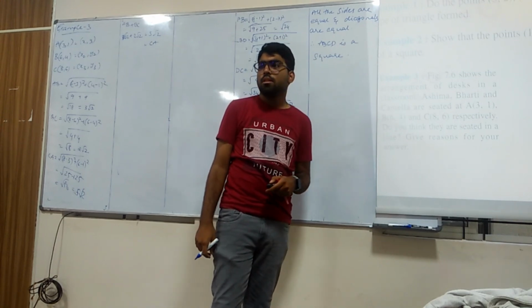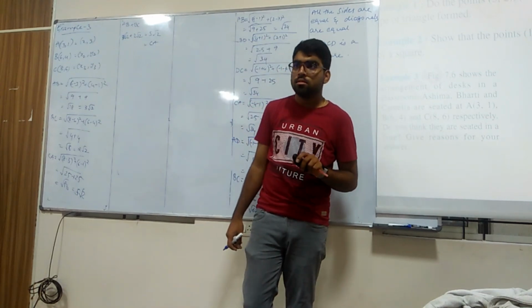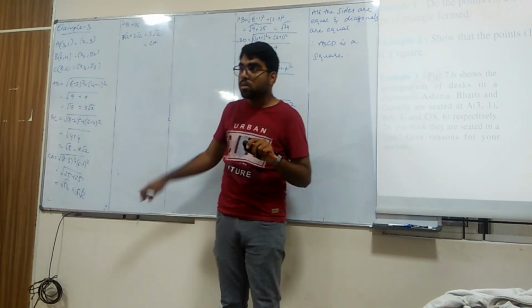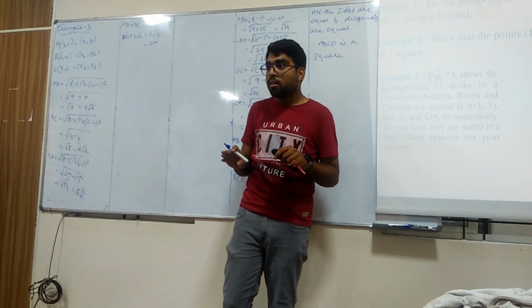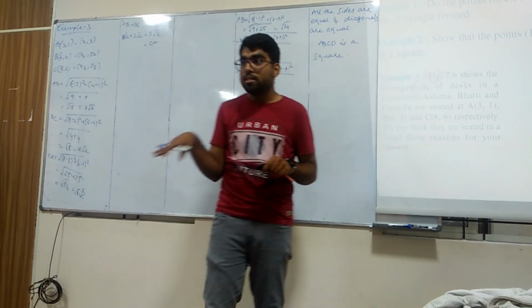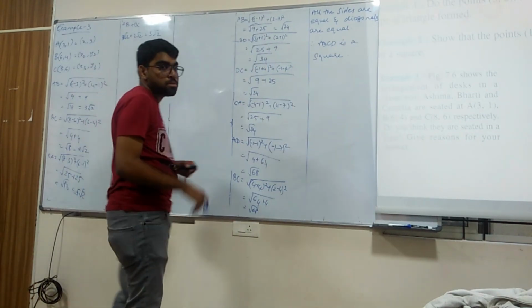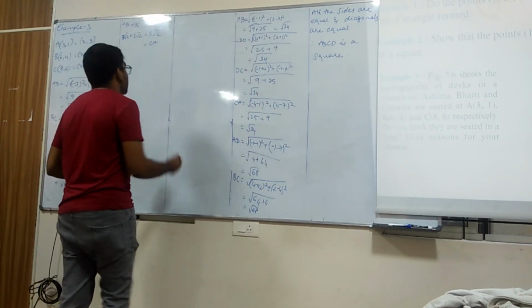So something happened. If they are equal like this, that means they do not form a triangle. If this square plus that square is equal to that square, then only it's called a triangle. Okay? So here the lengths add up. That means they are all in the same straight line.